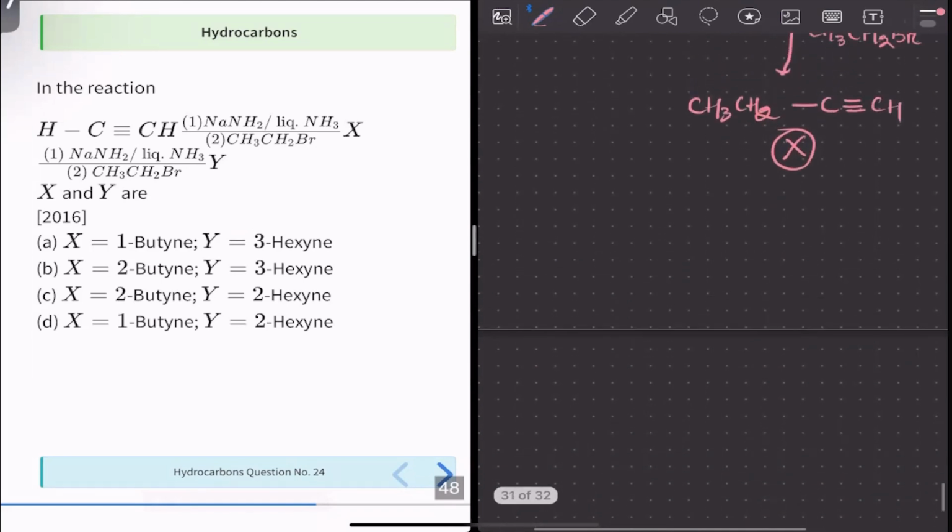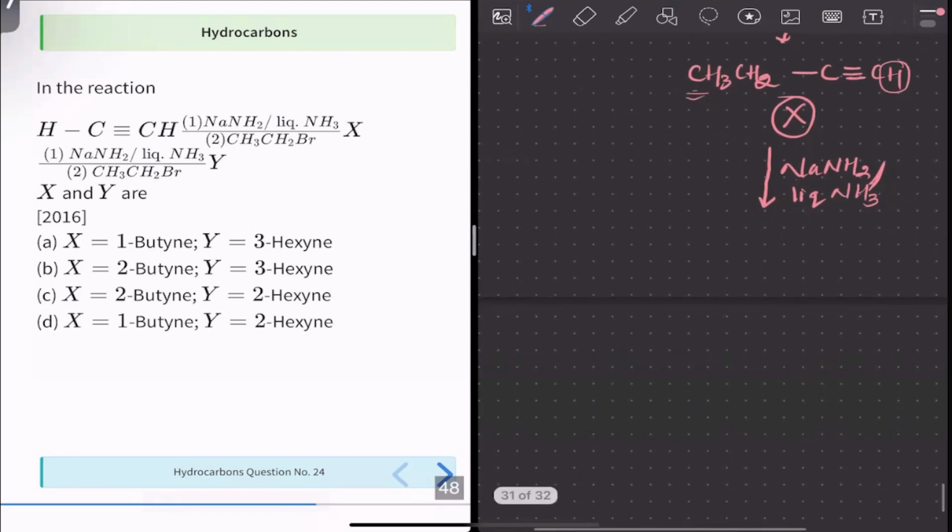The compound X reacts with NaNH2 and liquid NH3. In this molecule also we have an acidic hydrogen, so NaNH2 will react with that acidic hydrogen. The product will be CH3CH2C triple bond C minus Na plus.